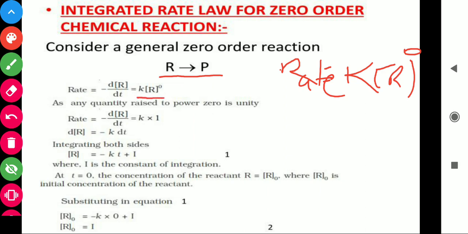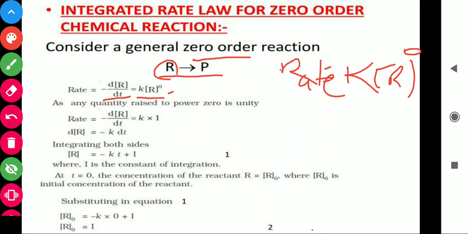And if I talk about the differential rate equation, then it is minus dR upon dt, and I keep minus here because this is for reactant. Here the power is 0. This shows that it is a zero order reaction.